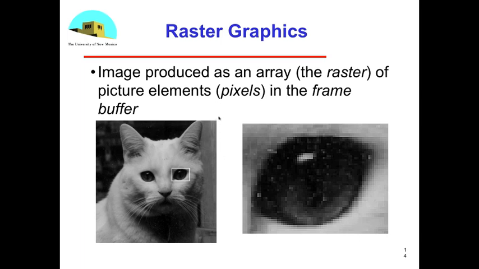Then it was much lower, and these pixels lived in a frame buffer, and the frame buffer, as we said, was refreshed at whatever rate was necessary to get a smooth display. Here's just an image, and here's an area around. This is my cat, and here's a little area around his eye, and you can see the individual pixels here, and the resolution is high enough that when we see it, it looks like a smooth image.